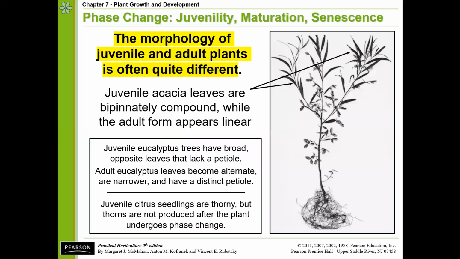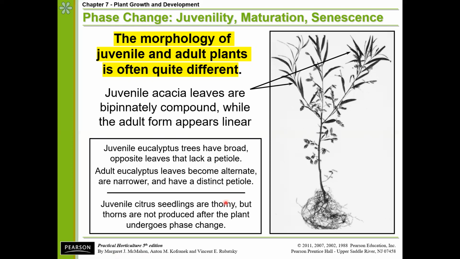An interesting thing about plants is how they change in their life cycles from juvenility to when they become sexually reproductive. The actual morphology of the plant can change dramatically.